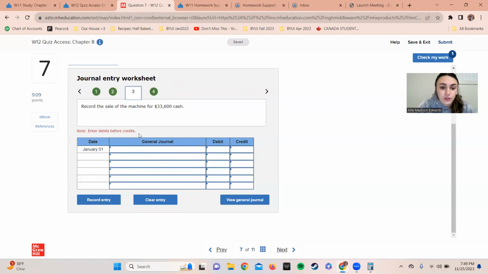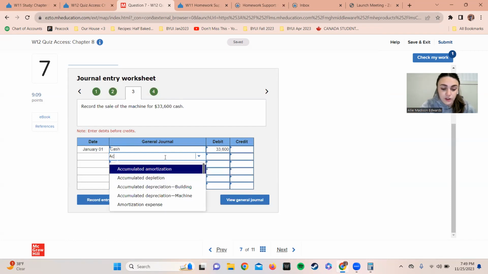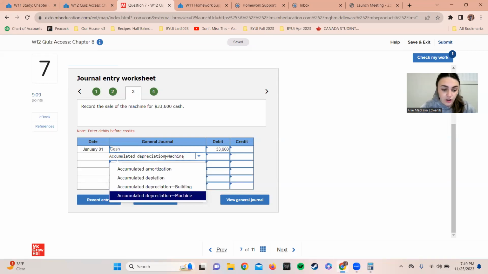Record the sale of the machine for $33,600 cash. We like that number because we have our cash here, $33,600. We remember that number as the difference between the accumulated depreciation and the recorded cost of our machine.